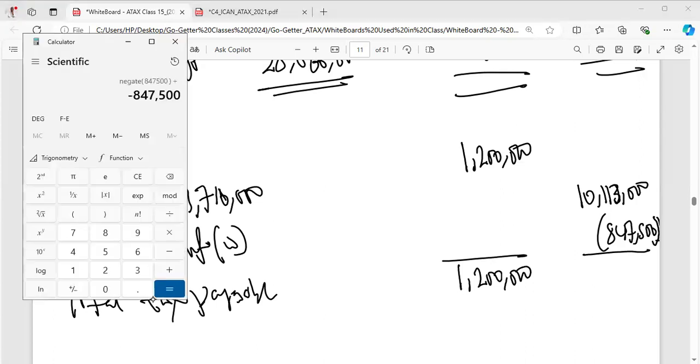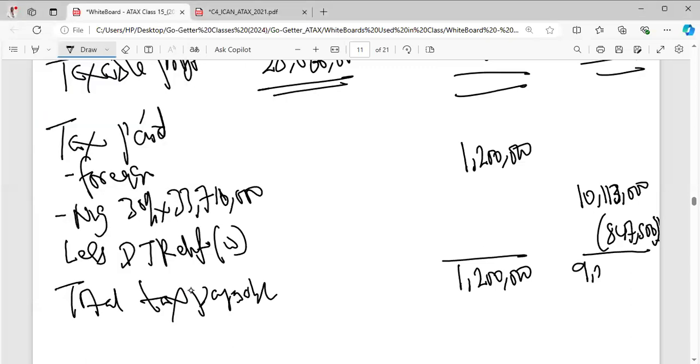Let me remove it from 10,113,000. That will give me 9,265,500. So this is your tax payable for each of the countries. This is the double taxation relief to be granted from Nigeria.